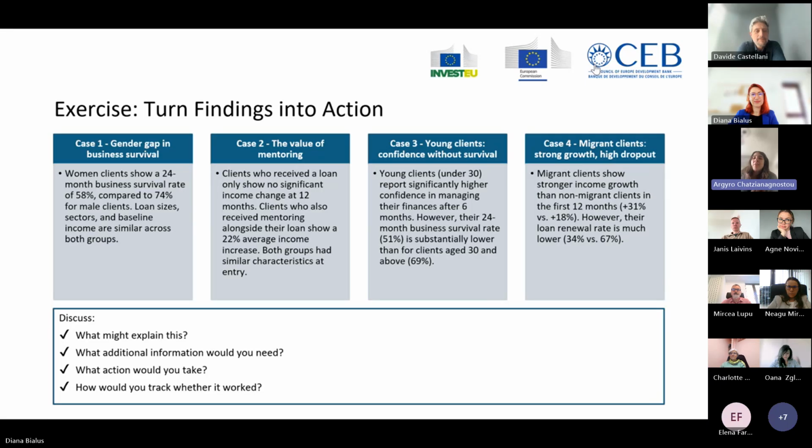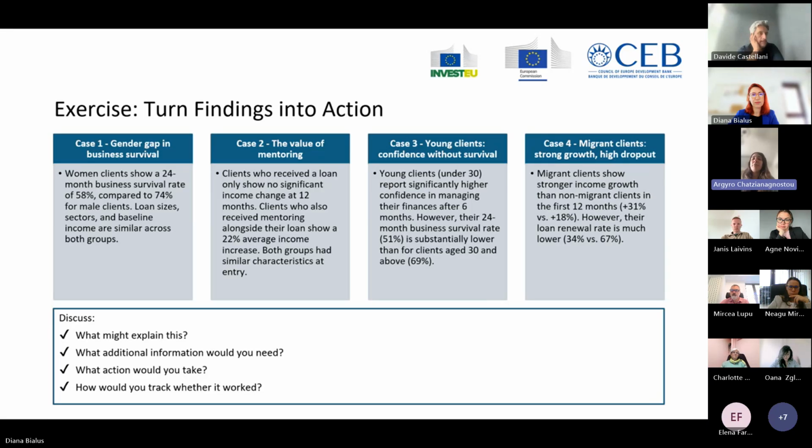About the value of mentoring, what might explain this? It helps clients use their loan more effectively, and they have practical guidance on budgeting and on their sales. We see their profit margins, their break-even, their family budget, so they have a very specific image of what to expect.